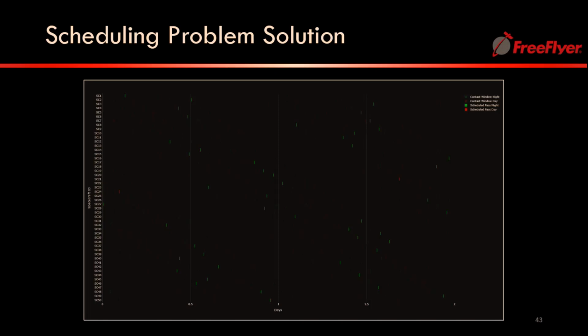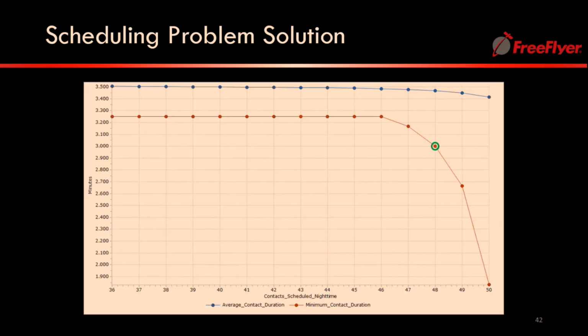As the multi-objective optimizer runs and produces more solutions, it narrows in on where the best solutions are in terms of state space, or what the variables in the problem are going to look like. So specifically for this problem, where the contact passes lie. And you'll only see slight differences most of the time for solutions that are close to each other in the Pareto front, like 48 and 50 are here.